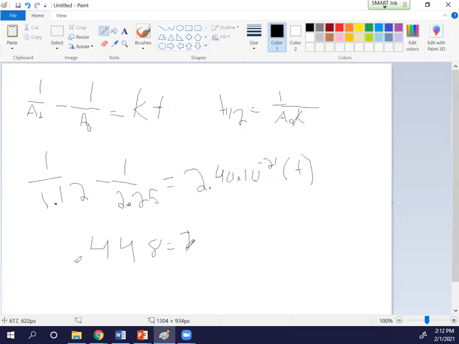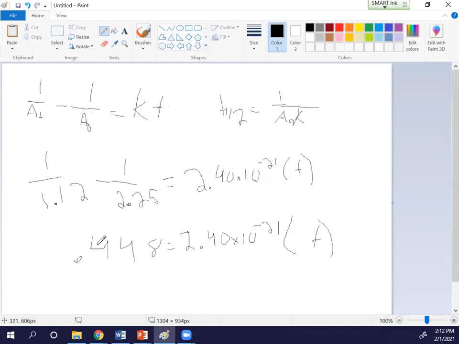Equals 2.40 times 10 to the negative 21 times t. Could you show me how to do fractions on those Texas Instruments calculators? Let's see if I work this out.